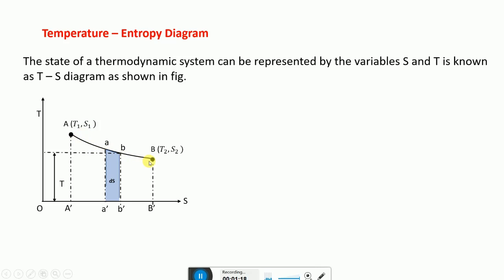Similarly, the point B represents a state with entropy S2 and temperature T2. The curve AB represents a continuously changing state from A to B.